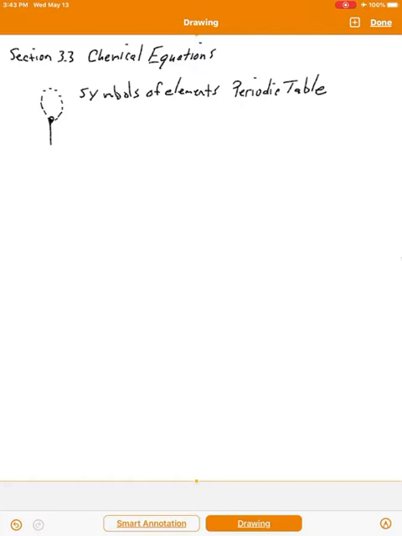And then we're going to use the chemical formulas for compounds. So for example, if we were going to say water, we would use the formula H2O. If we were going to do ammonia, we would use the chemical formula NH3.